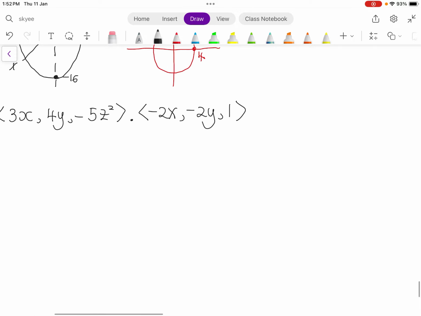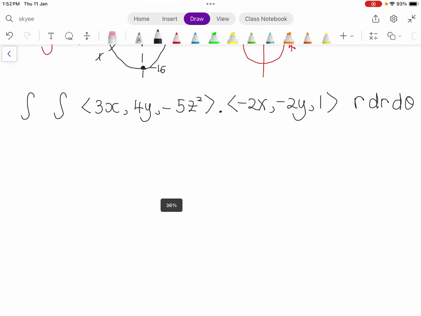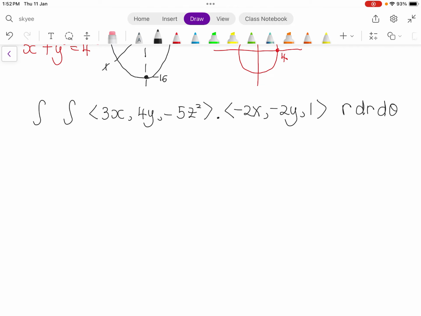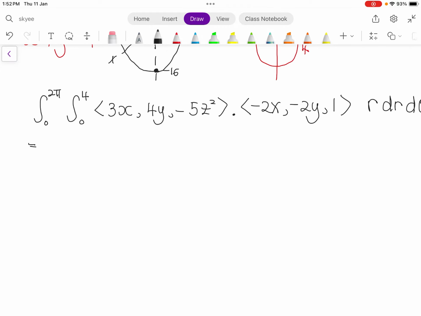Then dA is r dr d theta. The range of r is from 0 to 4 and 0 to 2 pi for d theta. So let us solve this.